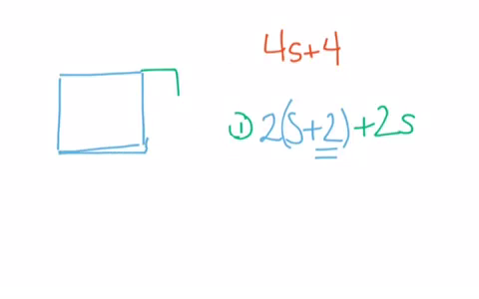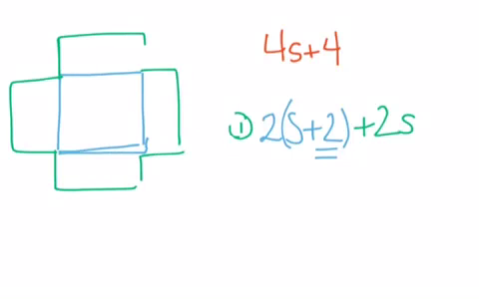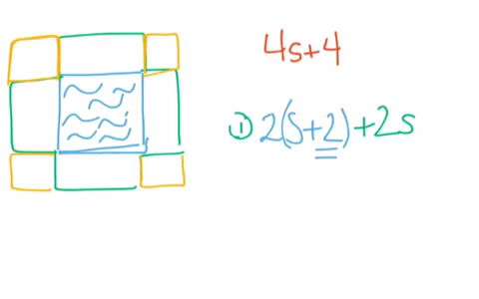And let's get S tiles, 1, 2, 3, and 4. And let's get our corners back. So 1, 2, 3, and 4. Okay, so let's draw in our little waves for our pool.